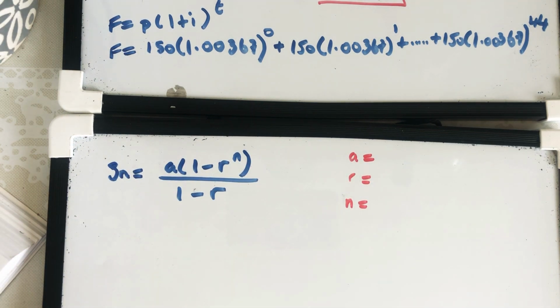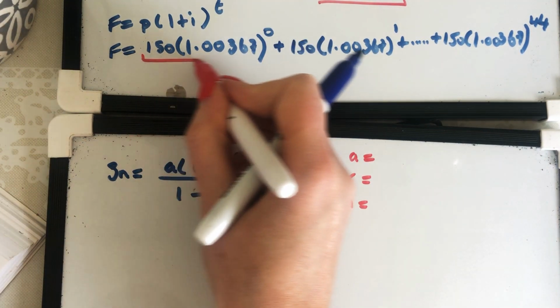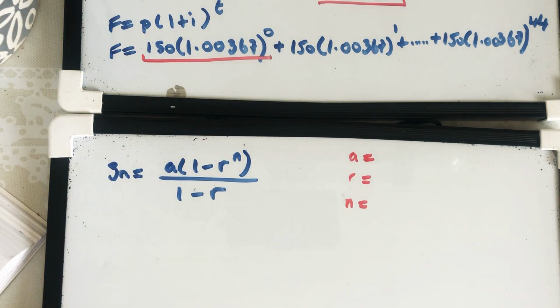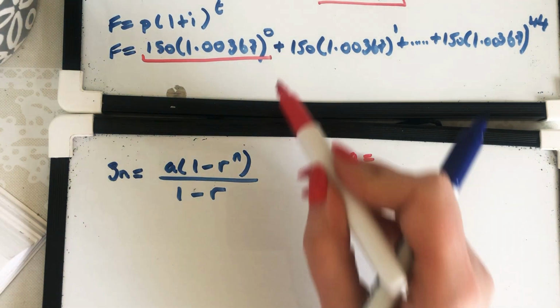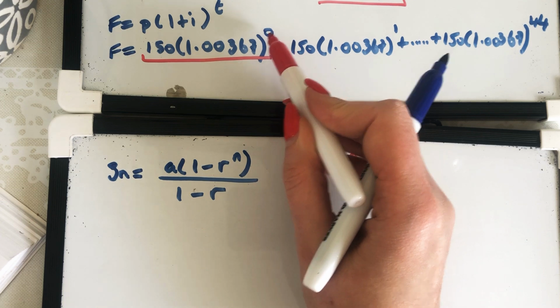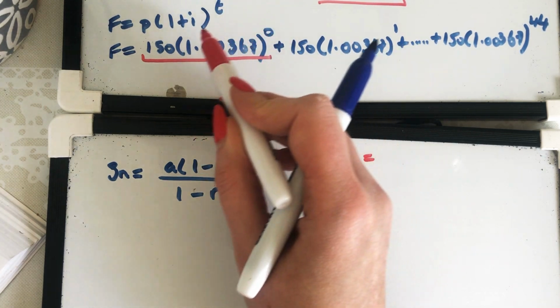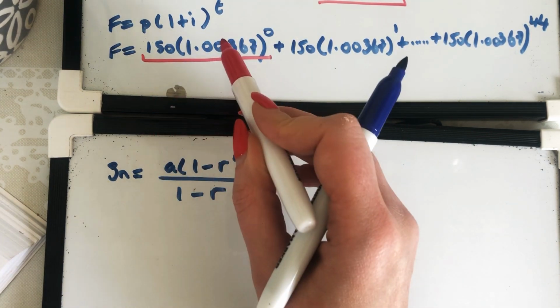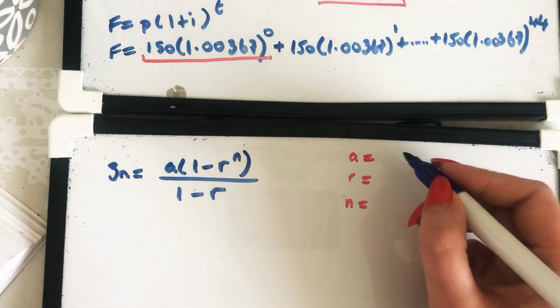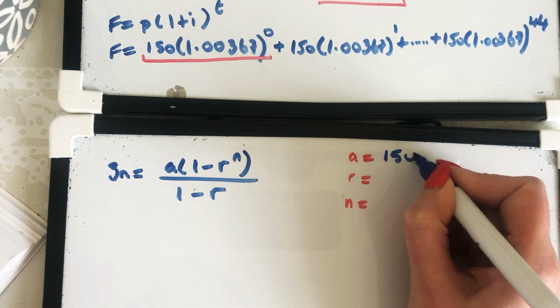Well, our a is still our first term, which is this. But don't forget that anything to the power of 0 is 1. So all of this bracket here is 1. So now we have 150 multiplied by 1. So simply our first term is just 150.